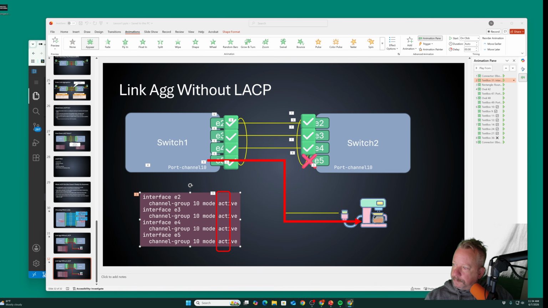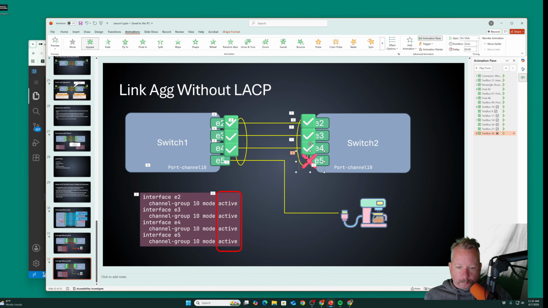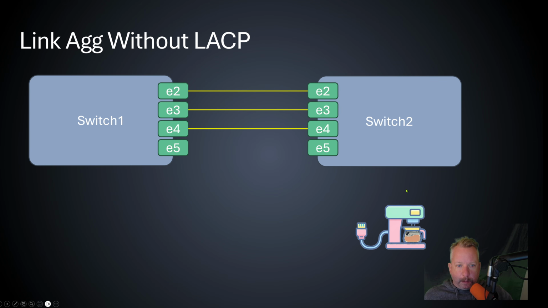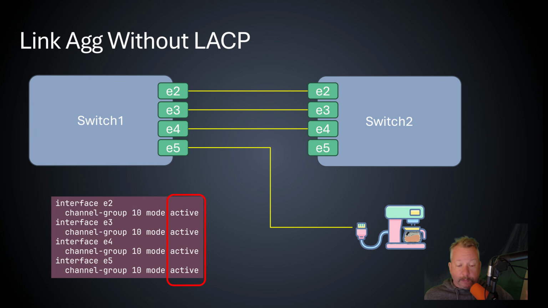Let's see. Okay, so we do active. Now here we've got 2 links, and I actually plug it into the coffee maker again, but I'm using mode active, so that engages LACP, so we're getting LACP PDUs.